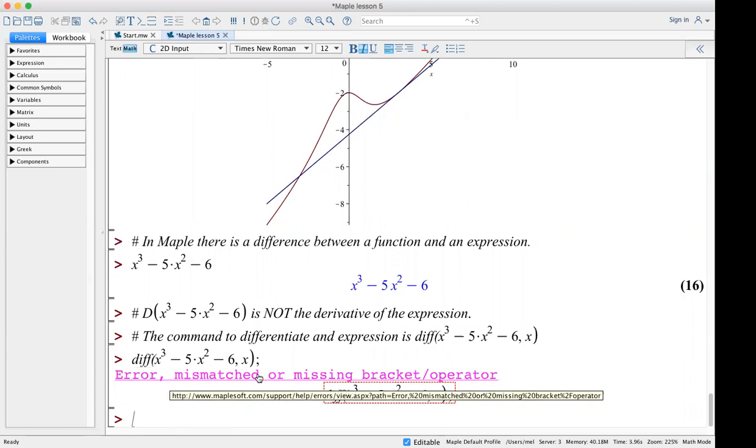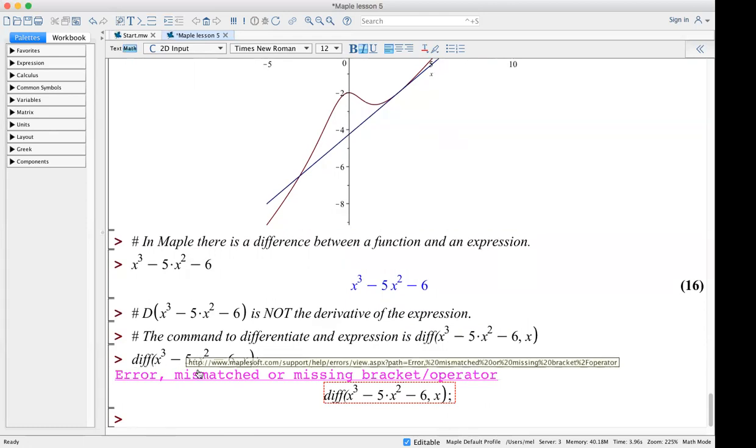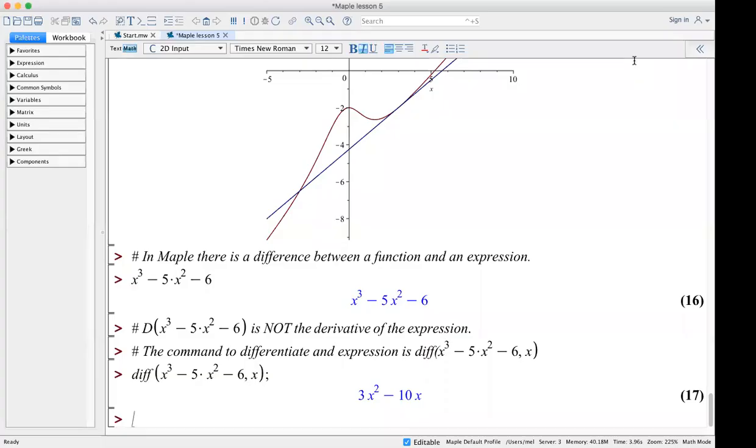Why didn't this work? I don't know why it didn't work a moment ago, but this is certainly correct. And now it does work.